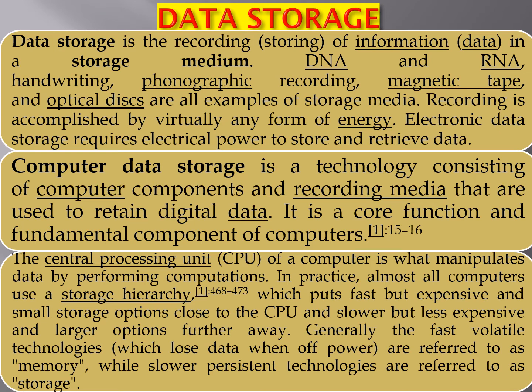In practice, almost all computers use a storage hierarchy, which puts fast but expensive and small storage options close to the CPU and slower but less expensive and larger options further away. Generally, the fast volatile technologies, which lose data when off power, are referred to as memory, while slower persistent technologies are referred to as storage.